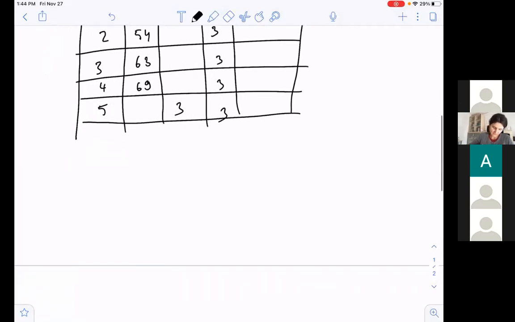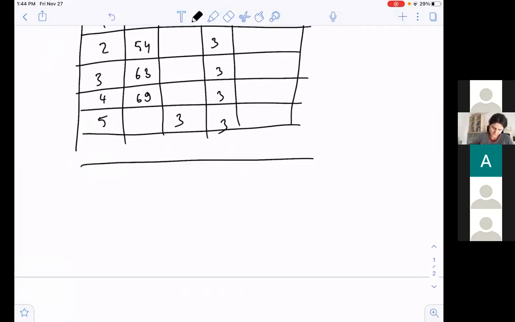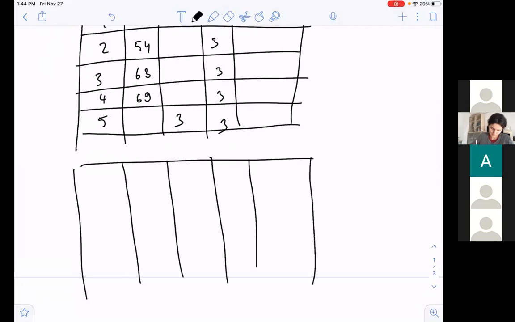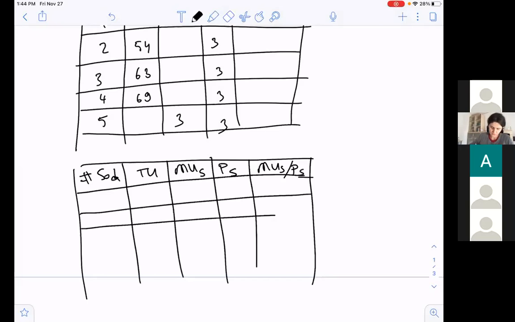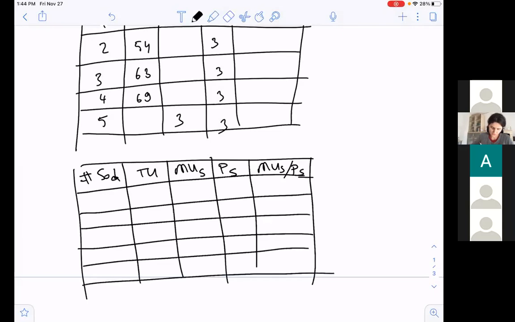Let's draw the same thing for the sodas. This is number of soda, total utility, marginal utility of soda, price of soda, and marginal utility of soda divided by price of soda. 1, 2, 3, 4, 5.